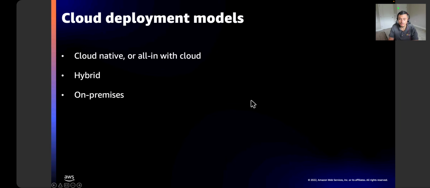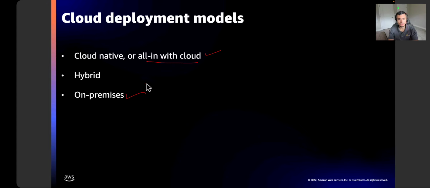Now we also need to be aware of the different cloud deployment models. There are three different models here. Firstly, we have cloud native, also known as all-in cloud. This is when all of your workloads and all of your data live and run in the cloud. That means you're all in cloud.